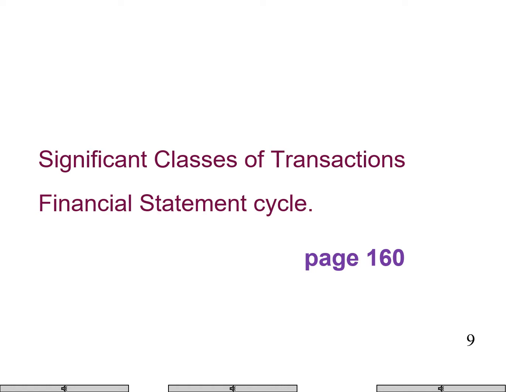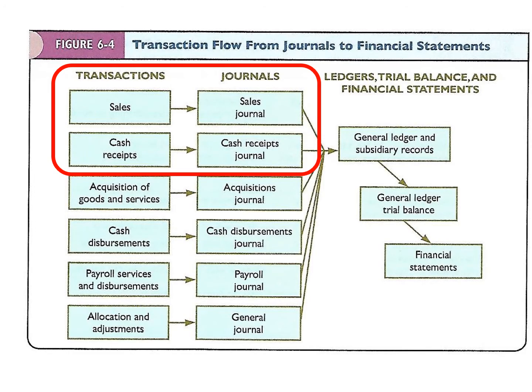Significant classes of transactions and financial statement cycles. On figure 6.4, we're going to focus this quarter on sales and cash receipts. Sales go into the sales journal, cash receipts go into the cash receipts journal. They flow into the general ledger, the trial balance, and the financial statements.